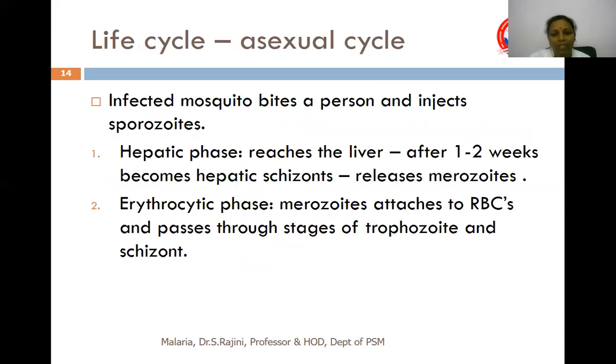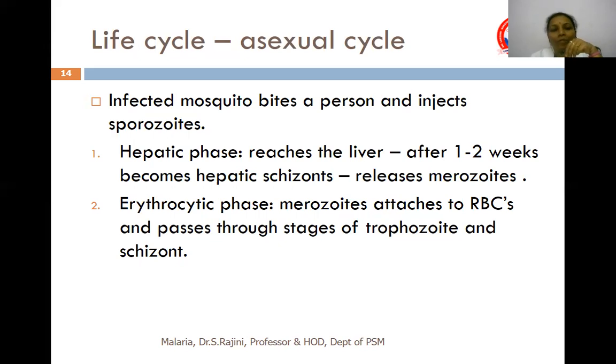So the life cycle is the asexual life cycle. An infected mosquito bites a person and injects the parasite. When it is biting the person, it injects the sporozoites which are present in its mouth parts.